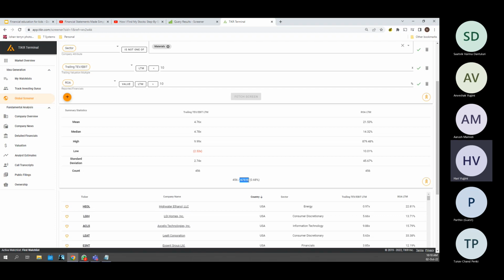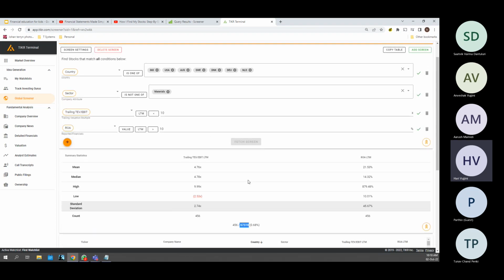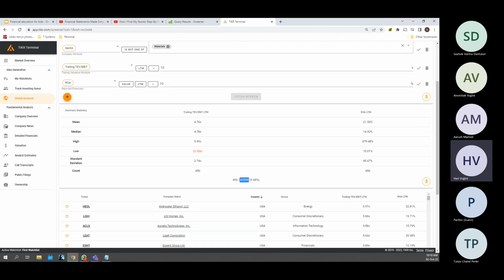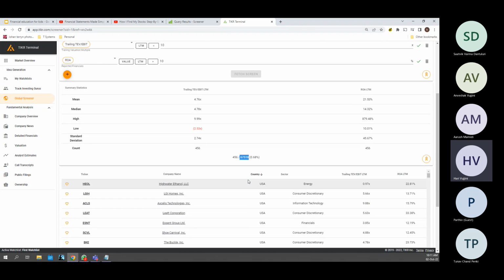So this is how you filter the noise and nail it down to the signal we are actually interested in. Okay. Any questions?